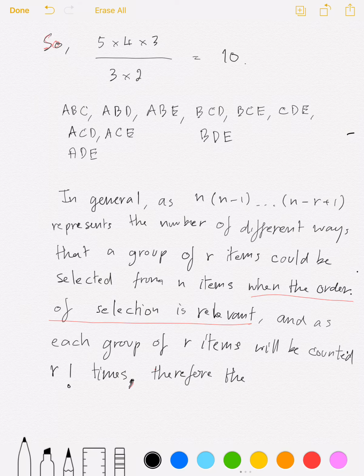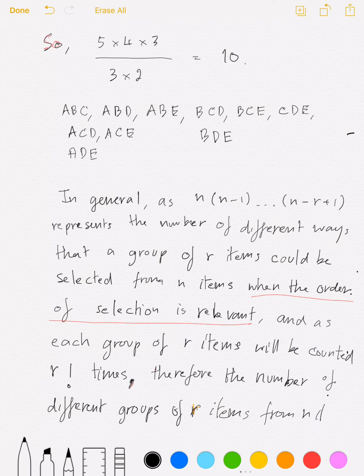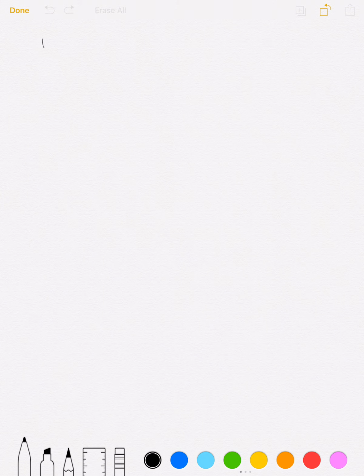Therefore the number of different groups of R items from n items is n times n minus 1 up until n minus r plus 1, over r factorial.